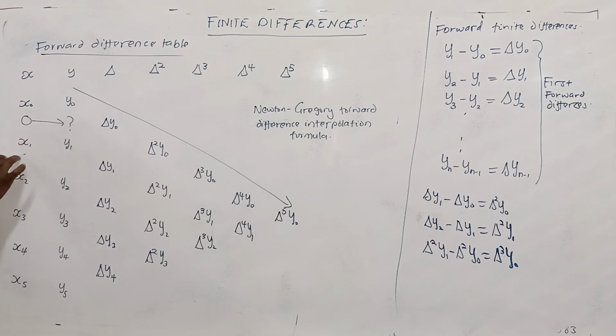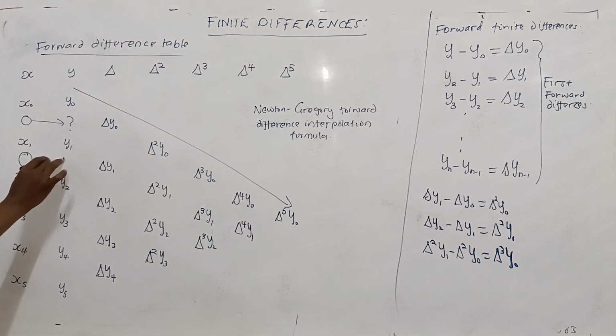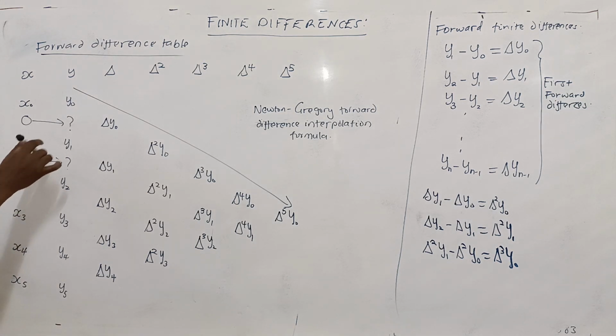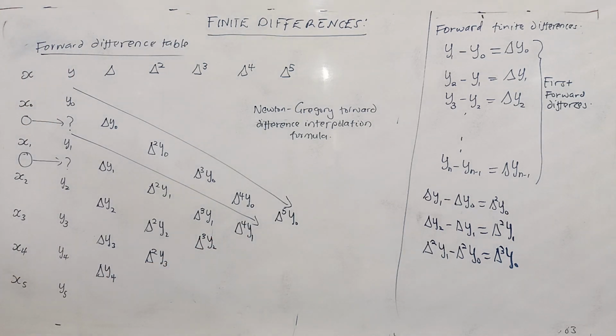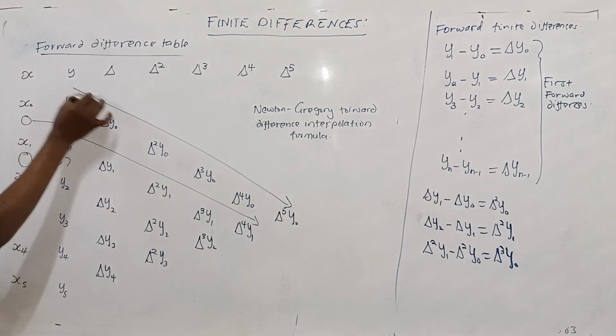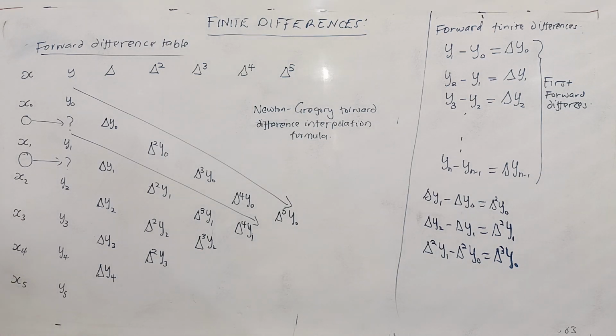Maybe you are given a certain value of the argument, and you are required to find the unknown value of the entry. In this case, you have a choice. You can decide to use these values here, they are for forward difference also, or you can decide to use this value here at the top. It will depend on your choice.